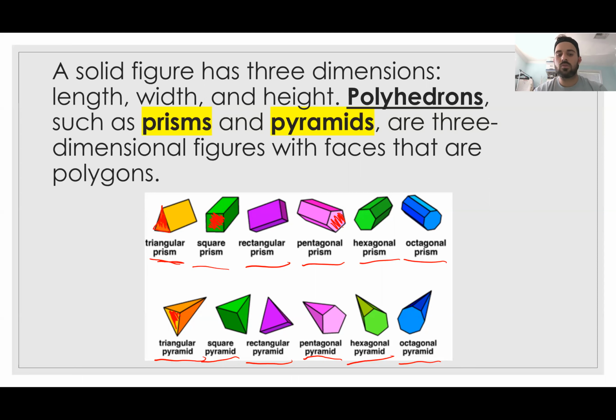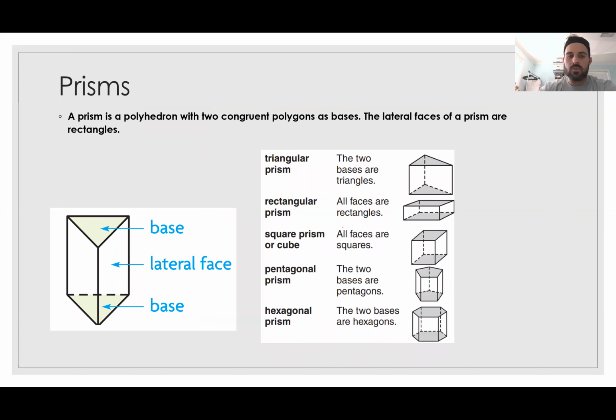Now we're going to get into what a prism and a pyramid are. Let's talk about prisms first. A prism is a polyhedron with two congruent polygons as its bases. The difference between a prism and a pyramid is that a prism will have two faces, one on each end, and a pyramid will only have one.